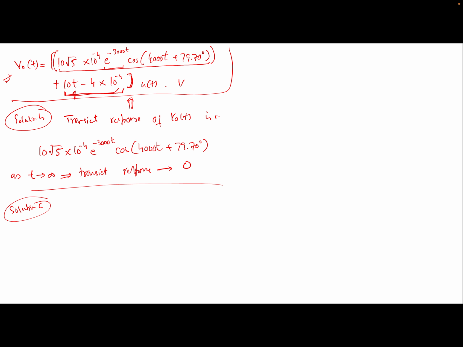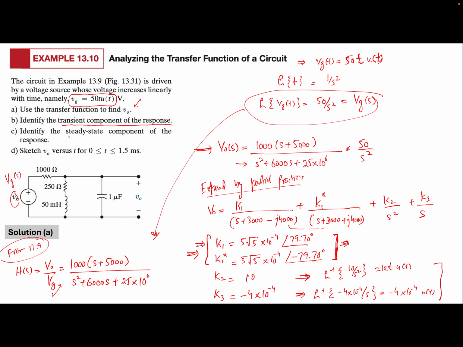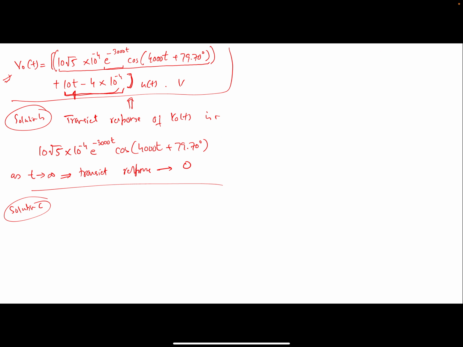The solution for part C is to identify the steady state response. Again, this was a transient response and this is a steady state response. So the steady state response of V naught of t is 10t minus 4 times 10 to the minus 4.